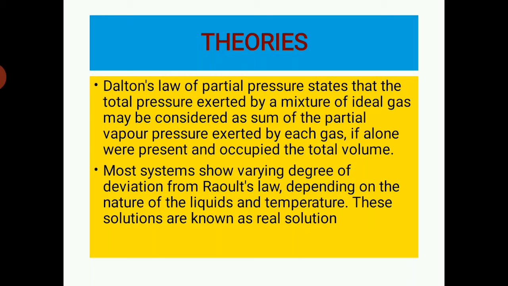Dalton's law is mathematically expressed as the total vapor pressure being equal to the sum of the partial pressure of A and the partial pressure of B. Their properties are additive, that is, the total vapor pressure of the mixture is the weighted average of the vapor pressures of the pure individual constituents.